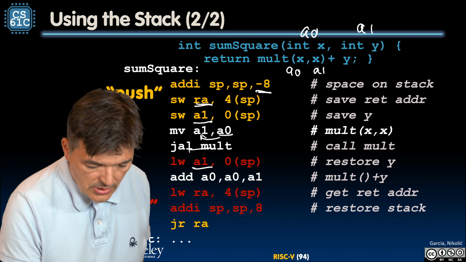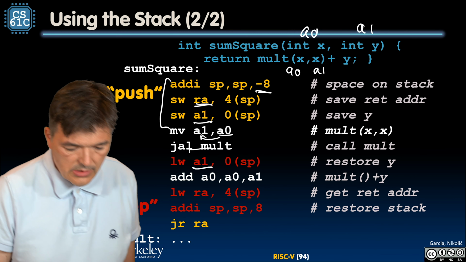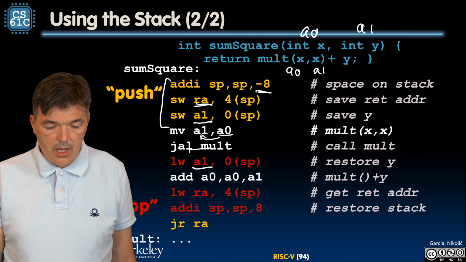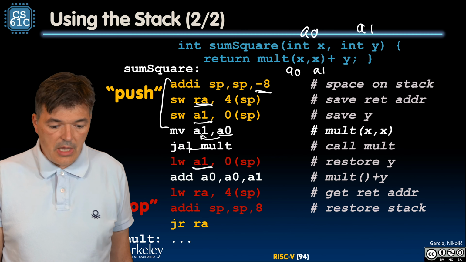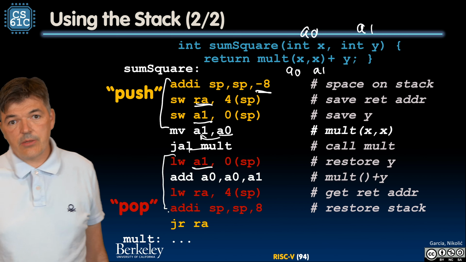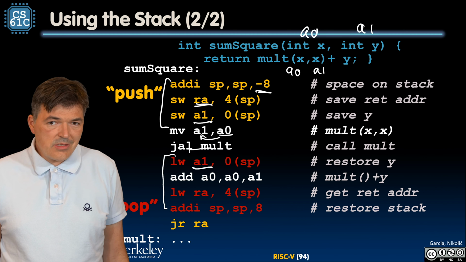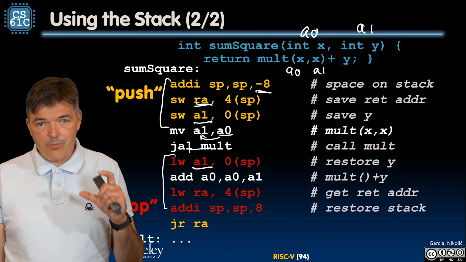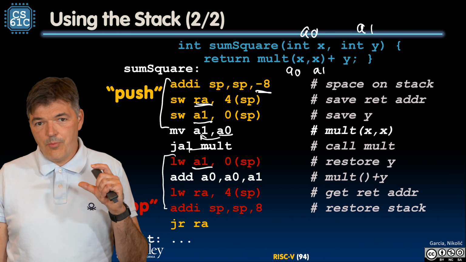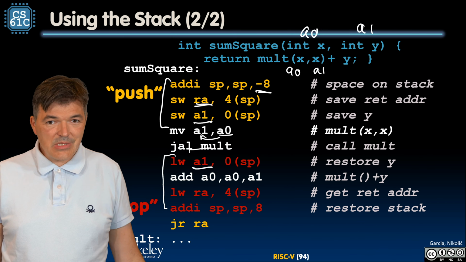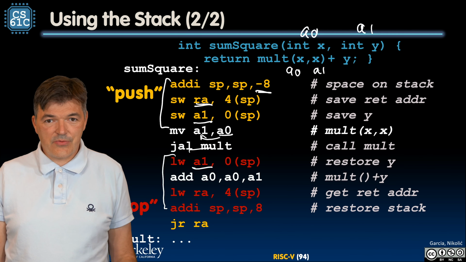These three instructions at the top correspond to a push to the stack, and the three red instructions on the bottom correspond to the pop. In some CISC architectures, you'll find that one push instruction pushes multiple registers to the stack, and similarly a pop instruction recalls from the stack.